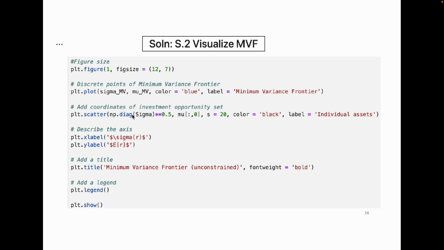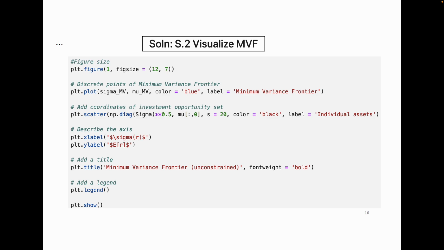So therefore, I take the diagonal elements of the covariance matrix. So these will be the variance elements, and then to the power of 1/2. So I get the volatilities. And I plot that against the different entries of mu. And I want the dots to be black, and I label that to be the individual assets.